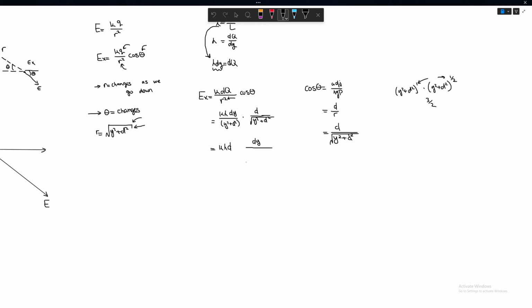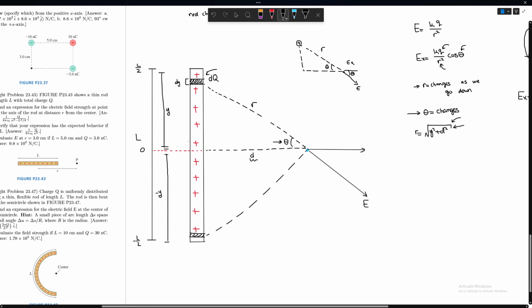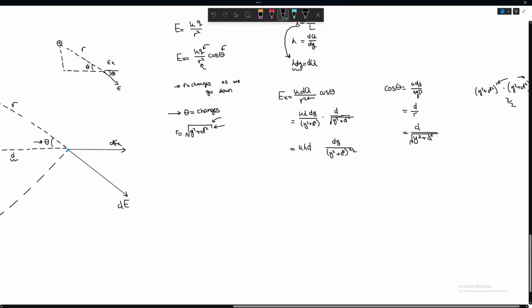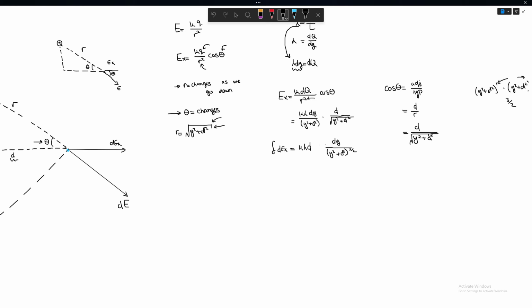And so if I were to rewrite this, I get 3/2. And this is very simplified now. All I gotta do is integrate. And so the E_x that this is causing is dE_x, just to keep everything consistent, because we have dq, dy, so this is also dE, and this is also dE_x. And now I can actually integrate both sides.